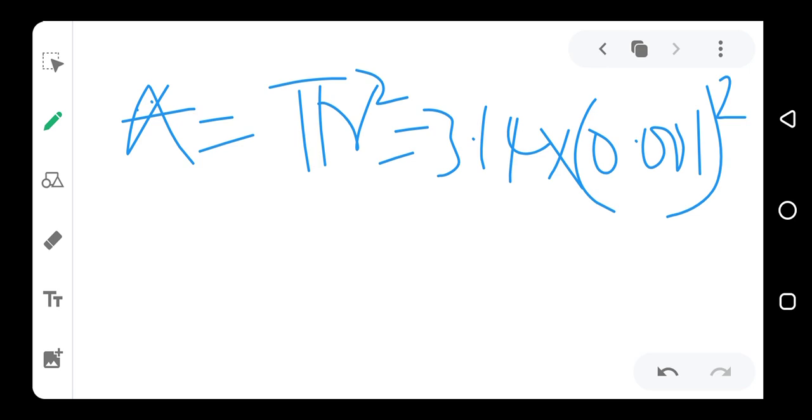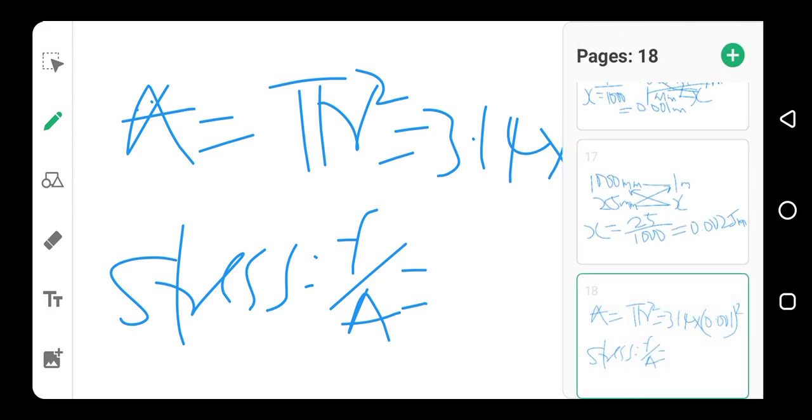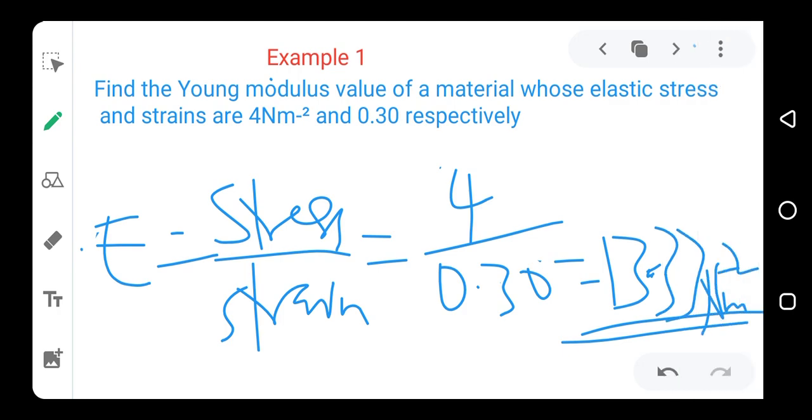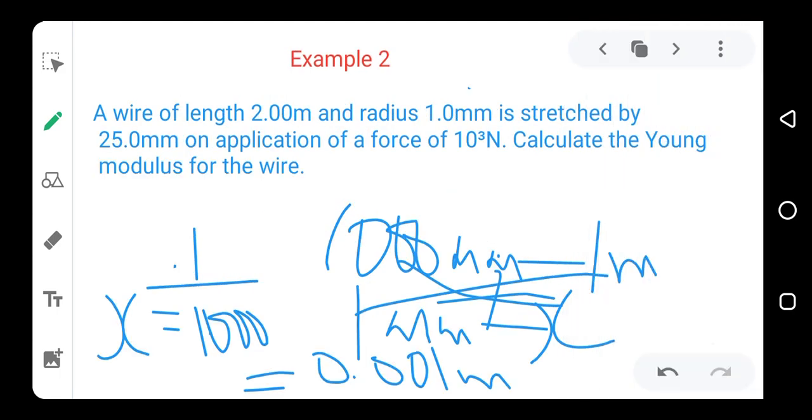Our stress, which is force over area, is now: our force is 10 raised to power 3.